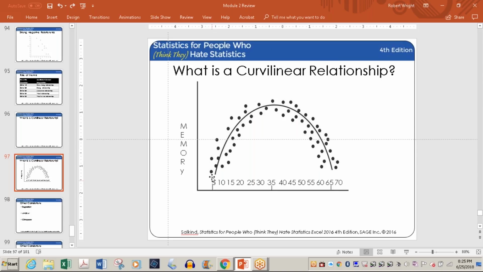Then as you get to 10, it gets a little better. 15 gets better, and 20 and 25, and about 35 it keeps on getting better. Then you get to 40, and the memory starts fading, and 45 to 50 starts going down. So this is called a curvilinear relationship, because that shows you how something changes over time or over distance or over some continuum.